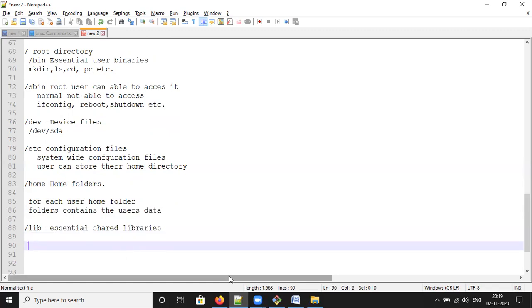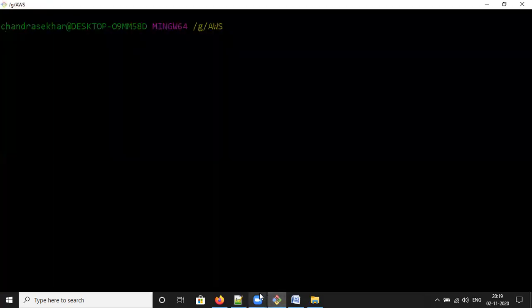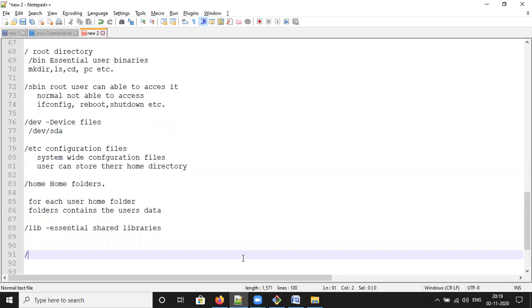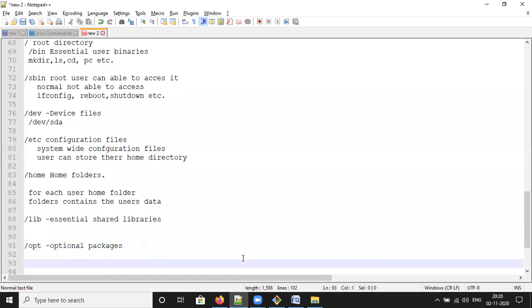The other one is the /opt directory. What does it contain? Optional packages. The /opt directory contains subdirectories for optional software packages.